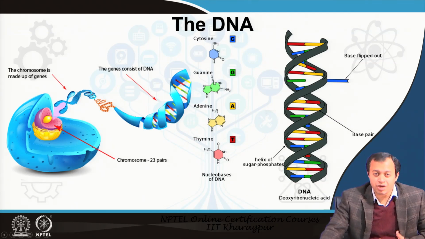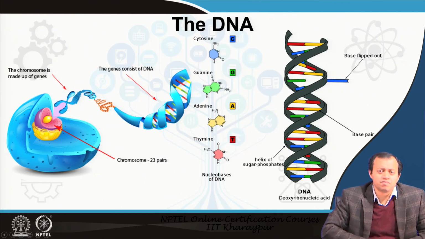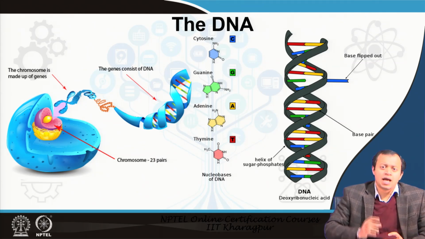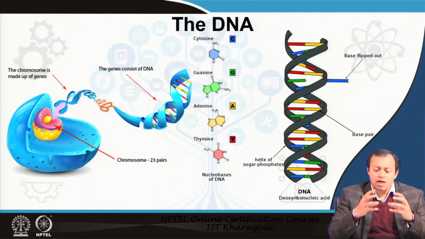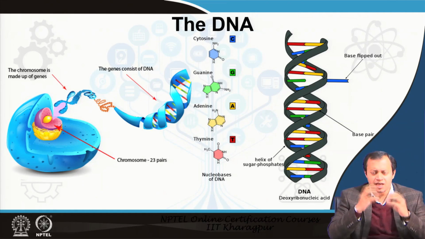These are called bases or nitrogen bases, nitrogen-based biochemical compounds. These bases combine with sugar. Sugar you can consider as carbohydrate, such as ribose or deoxyribose. These are specific types of carbohydrates, specific types of sugars.